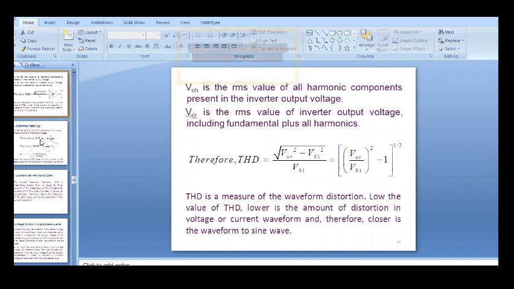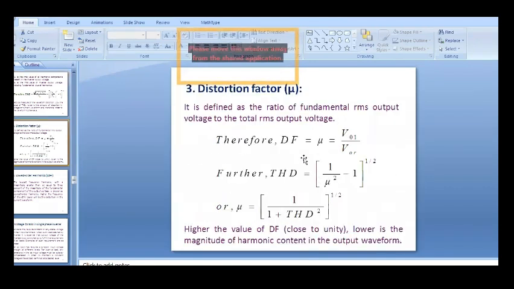Next is the distortion factor. It is defined as the ratio of fundamental RMS output voltage to the total RMS output voltage. Therefore, you can write the distortion factor mu equal to V01 over VO.